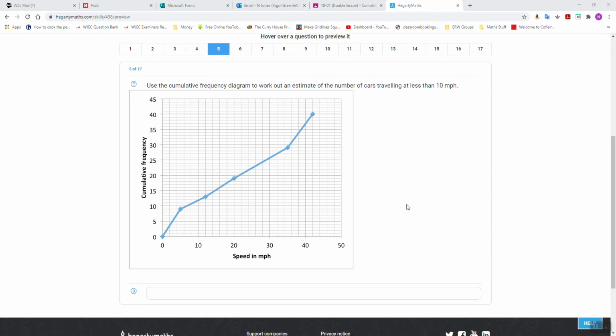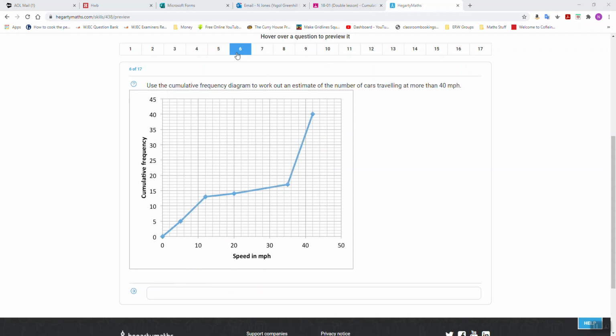So for the number of cars traveling less than 10 miles per hour, I'm going across the speed 10 and up to the graph, and then I'm reading across the data count. So I'm going to 10, and I can see that's 12. And the value that you read off the cumulative frequency is 'less than'. So this is telling me there are 12 data items that are traveling less than 10 miles per hour.